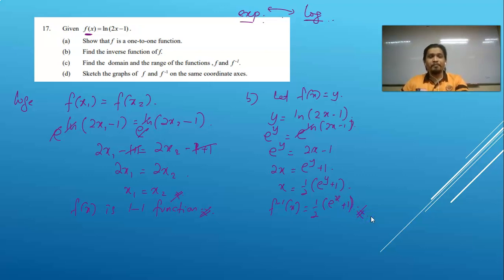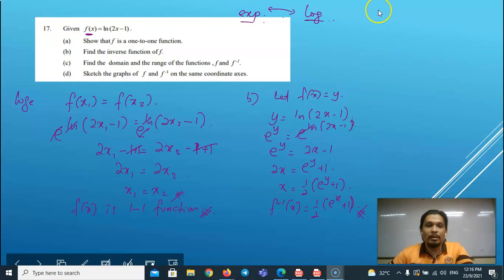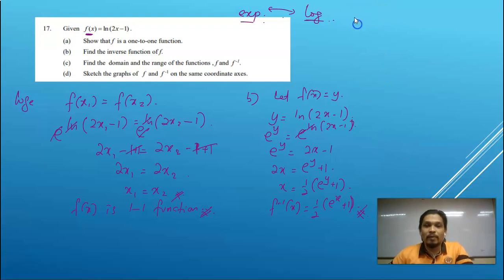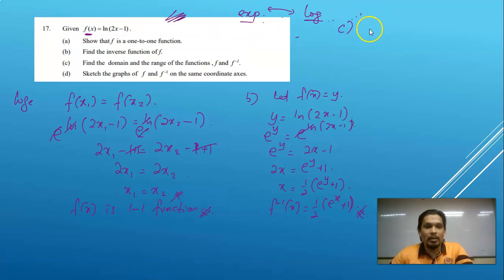Find the domain and range of the function f and its inverse. Question C. Find the domain and the range of the function f and its inverse.